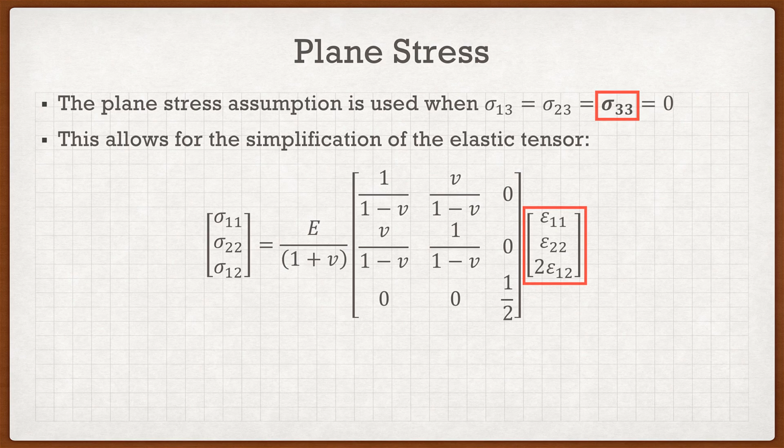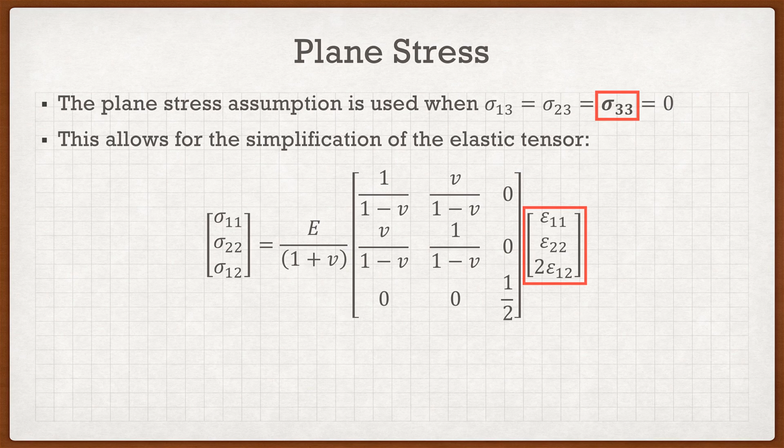However, now it is simplified into simply epsilon 1,1, which we know, epsilon 2,2, which we know, and epsilon 1,2, which we know. So from this new elasticity tensor, we can solve for everything that we want because since we know the strains and we know the elasticity tensor, we can find sigma 1,1, sigma 2,2, and sigma 1,2.